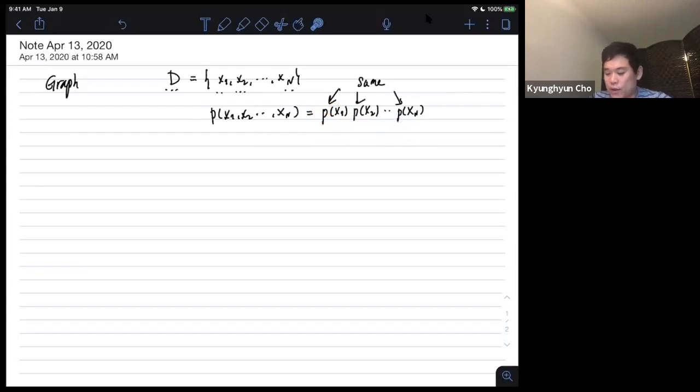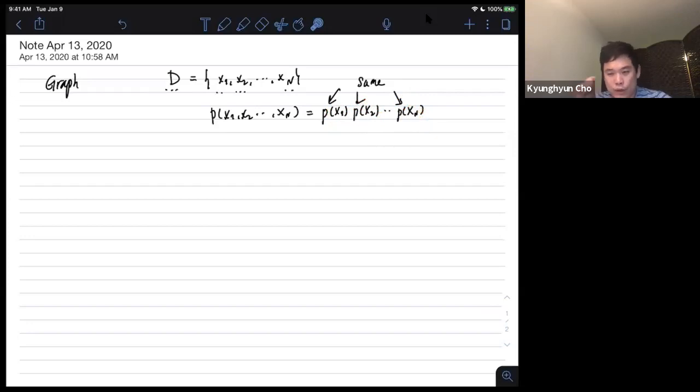So here, the first P of x1 is the probability of the random variable x1. P of x2 is the probability of the second random variable, or the random variable that corresponds to the second observation. And here is the probability, either mass or density, of the nth random variable, the one that corresponds to the nth input vector xn.